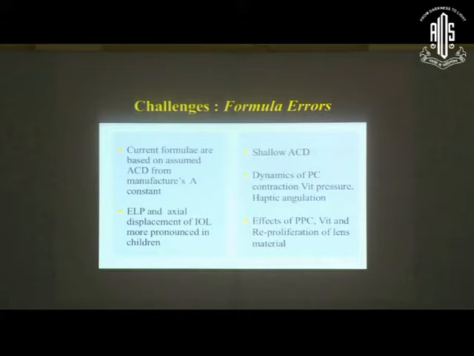And then there is the effect of primary posterior capsulotomy, vitrectomy, and more proliferation of lens material in children. So all of this makes the formulas which we need to use in children a little bit complex.